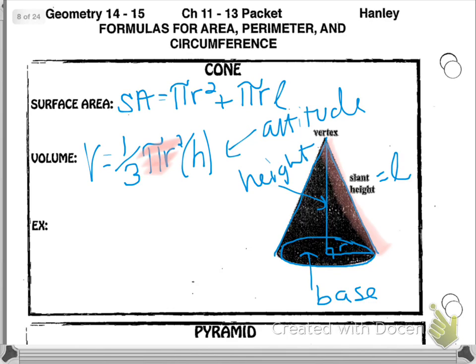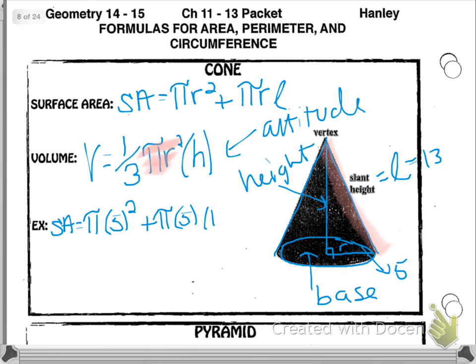So let's say that our slant height is 13 and my radius is 5, and I want to find my surface area. So for my surface area, it's going to be pi times the radius squared, so pi times 5 squared, plus pi times my radius, 5, times the slant height, which is 13.